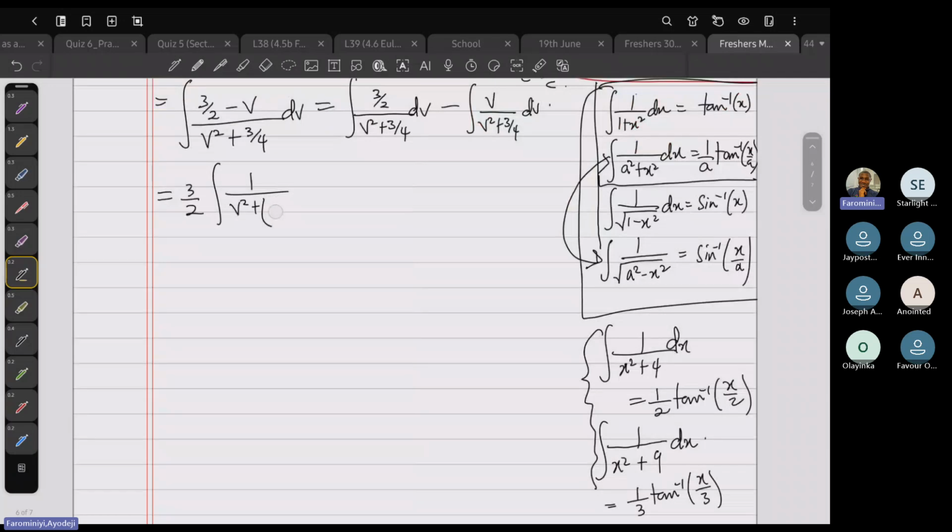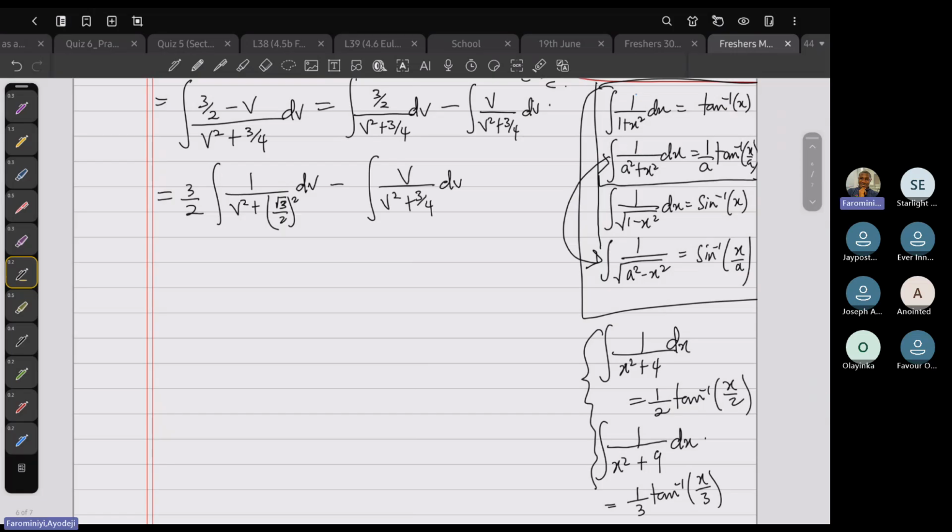It's just like 1 over x squared plus something squared, so root 3 over 2 squared dv. And the other one is just v over v squared plus 3 over 4 dv.